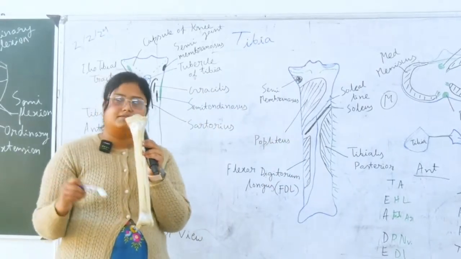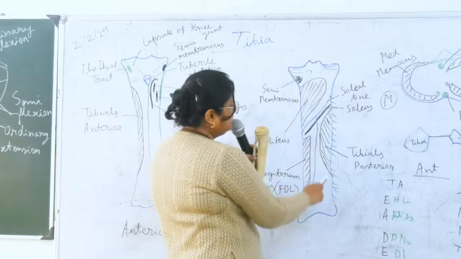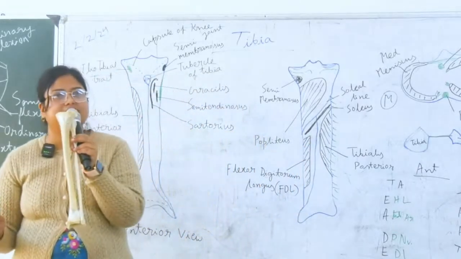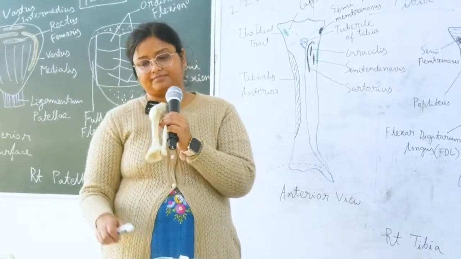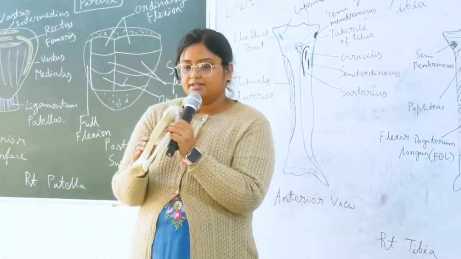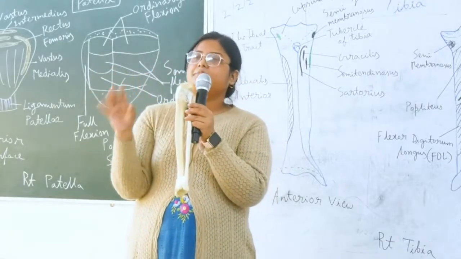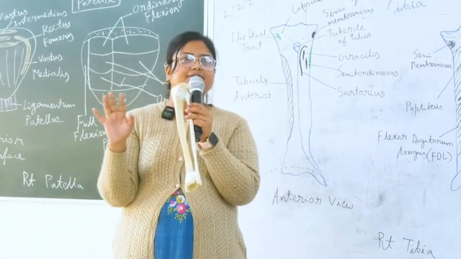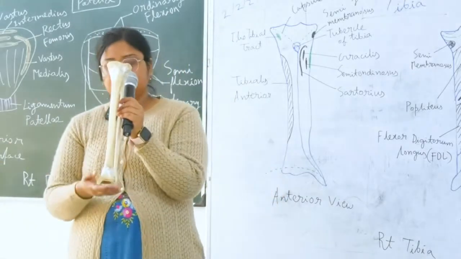Two muscles are attached. Understood? Now you can see the shaft is covered, with its three borders, three surfaces and their attachments. Now we go to the lower end.